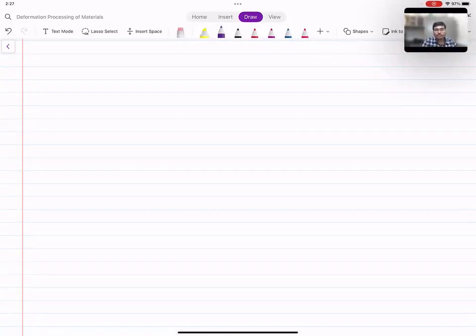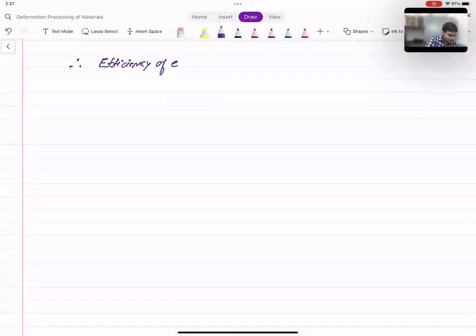So these were two relations giving us the value of force required for extrusion. Now, if we take the ratio of these two, we will get the efficiency of extrusion process. The efficiency of extrusion, say eta, is nothing but the ratio of minimum force required to the actual force required.